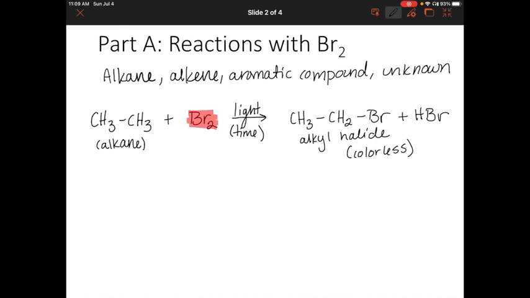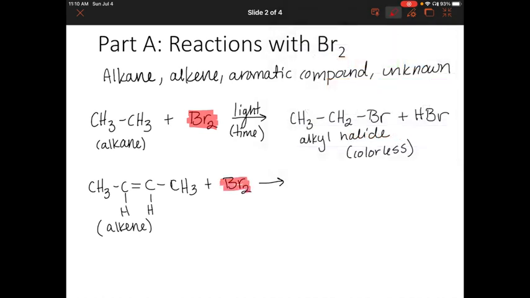Okay, so what happens if we do the same reaction with an alkene? So again, bromine has a reddish orange color.